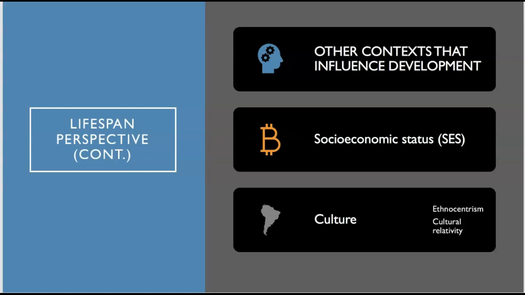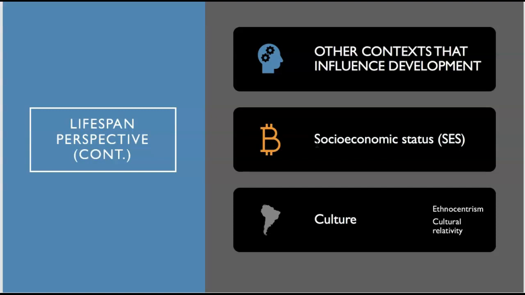Now, there can be other types of contexts that influence development. One that we will be talking about and referring to frequently during this course is socioeconomic status. So this refers to the income level of the person, where they live, and other factors that can influence the means that they have, the resources that they have, and other things that can affect development.